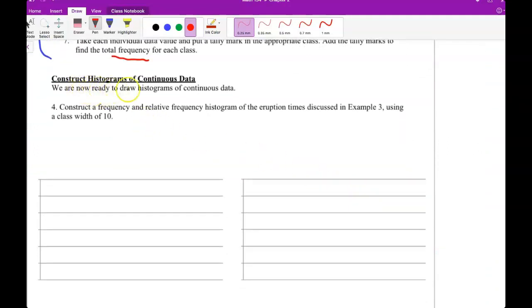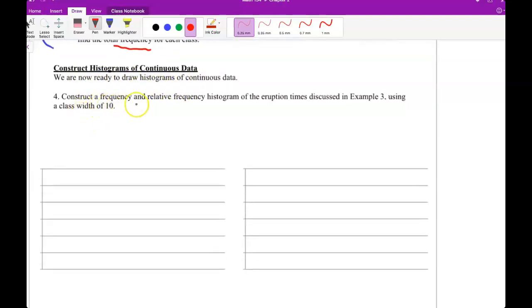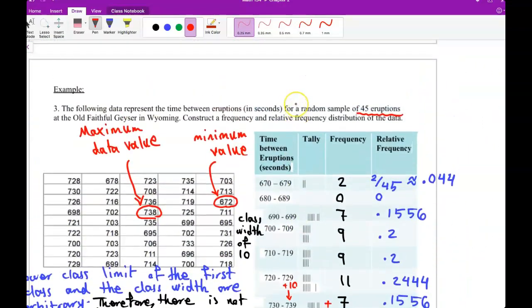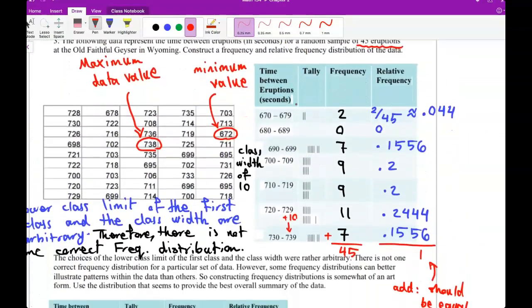Okay, next part, construct histograms of continuous data. Construct a frequency and relative frequency histogram of the eruption times in example number 3. So this is example number 3, and we're going to draw these.